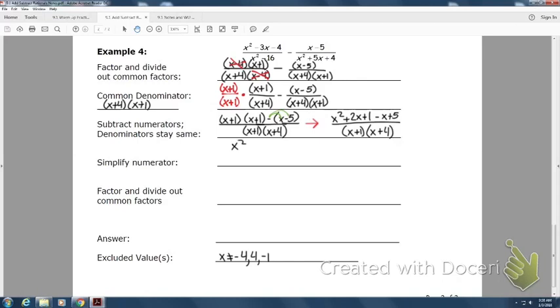And then whenever you combine like terms, you should get x squared plus x plus 6. And like I was telling you, that is the numerator that you cannot factor. So that would be your final answer on that. Okay.